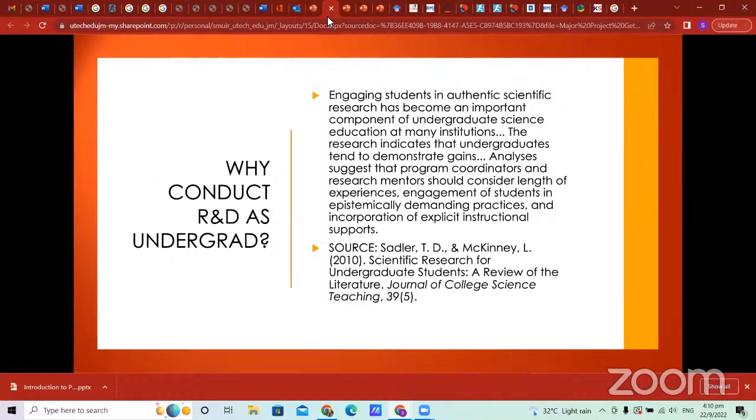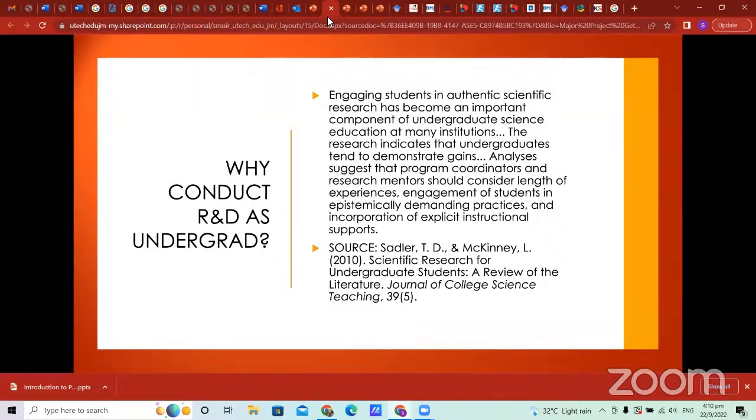Since this is an academic writing session, I decided to look up what has been written about research and development as an undergrad. Actually, there are lots of papers, guys. For example, there is a paper written in 2010, and this is an extract from the abstract. Engaging students in authentic scientific research has become an important component of undergraduate science education at many institutions.